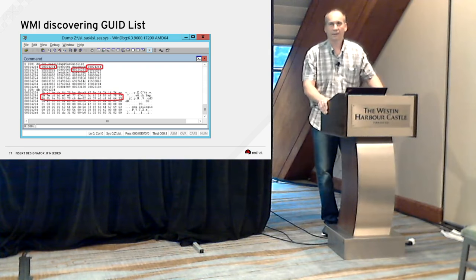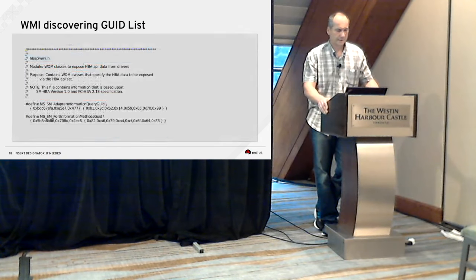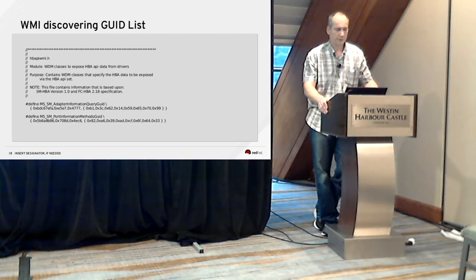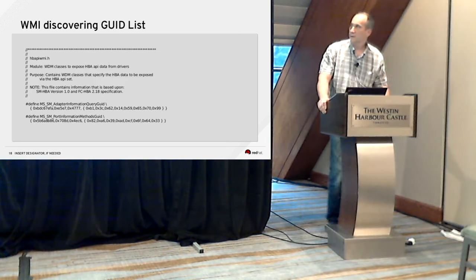Those two classes are defined inside of the WDK, which means that there are two WMI classes that we need to implement. One of them is adapter information query, and the other one is port information method.